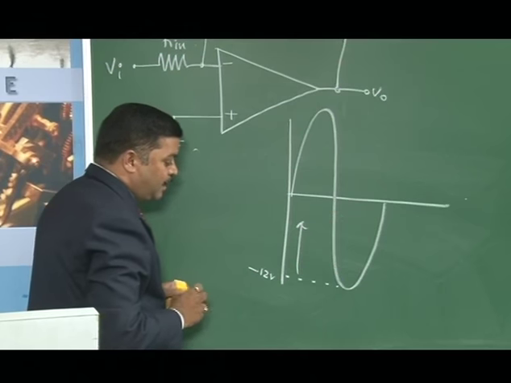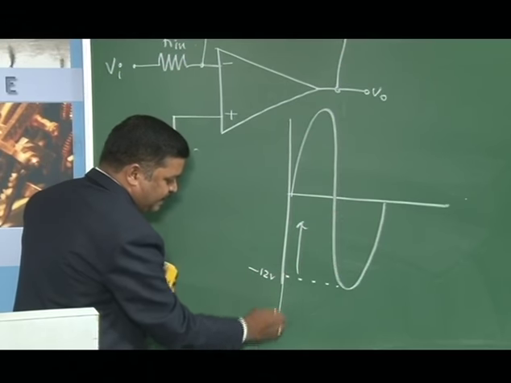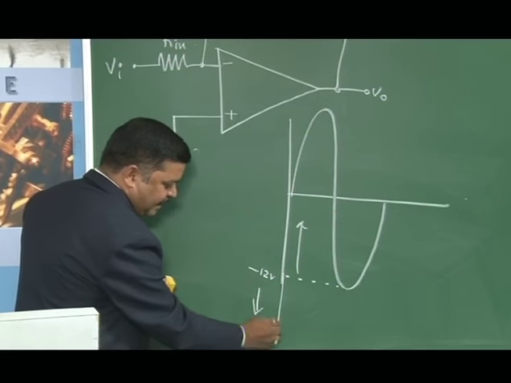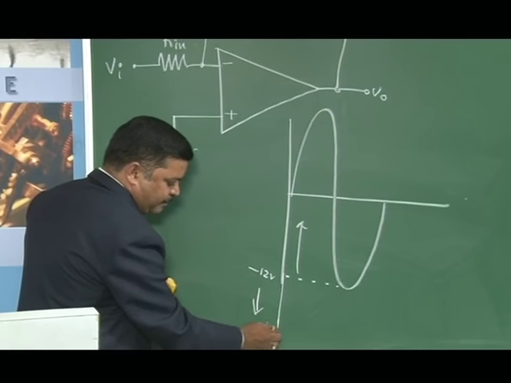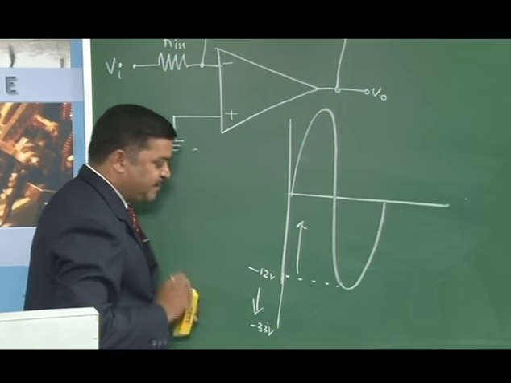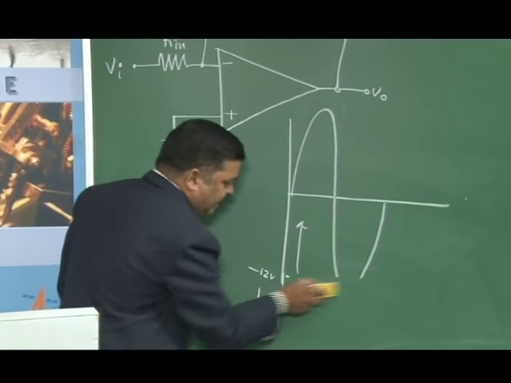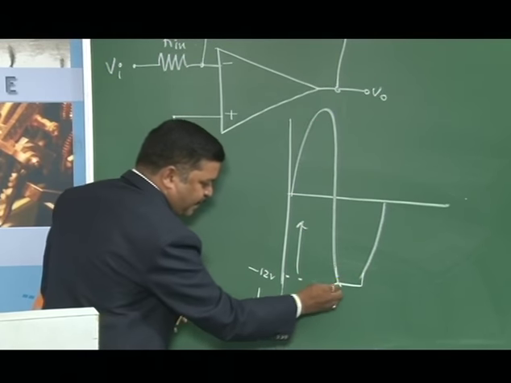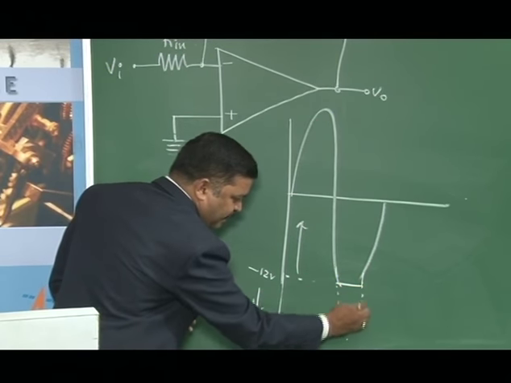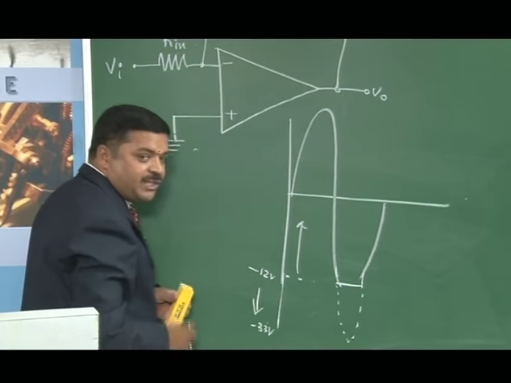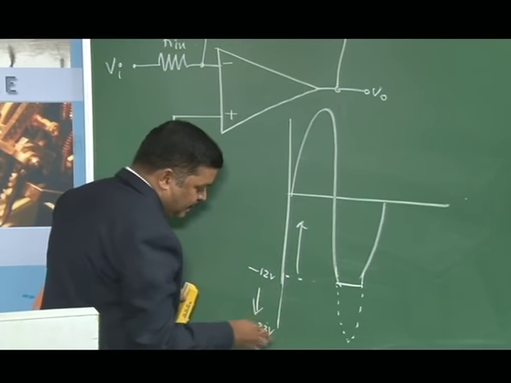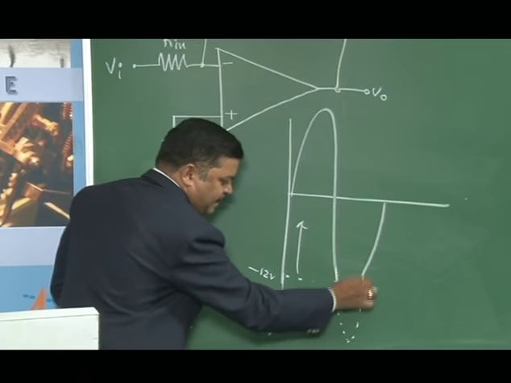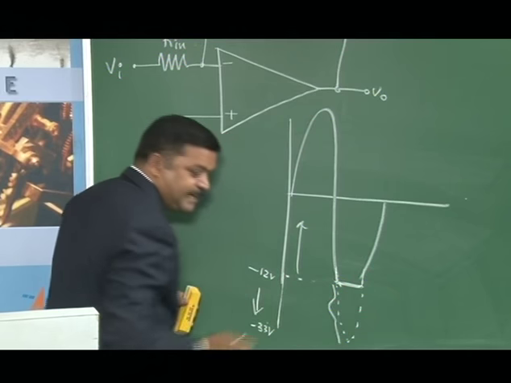But on the other hand, if the voltage exceeds minus 12 volts, here in our case it is minus 33 volts for Vi equal to minus 3, therefore the signal gets clipped off at this point. We have to get the complete cycle like this, but we won't get it. At exactly minus 12 volts, the signal gets clipped off, that means cutting off of this portion takes place.